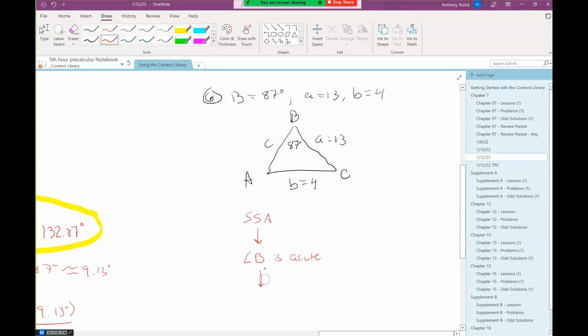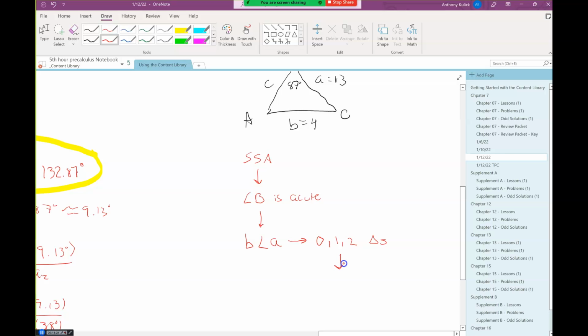Okay. So in the acute case, either it's going to be one triangle or it's going to be that ambiguous situation where it could be 0, 1, or 2, and we have to do a little bit more. So what we need to check is the size of the side opposite our given angle compared with the other given side. So b is the side opposite our given angle, and the other given side is a. Is b smaller than a, equal to a, or bigger than a? Smaller. So that situation where the side opposite the acute angle is the smaller side, is that ambiguous 0, 1, or 2 triangles?